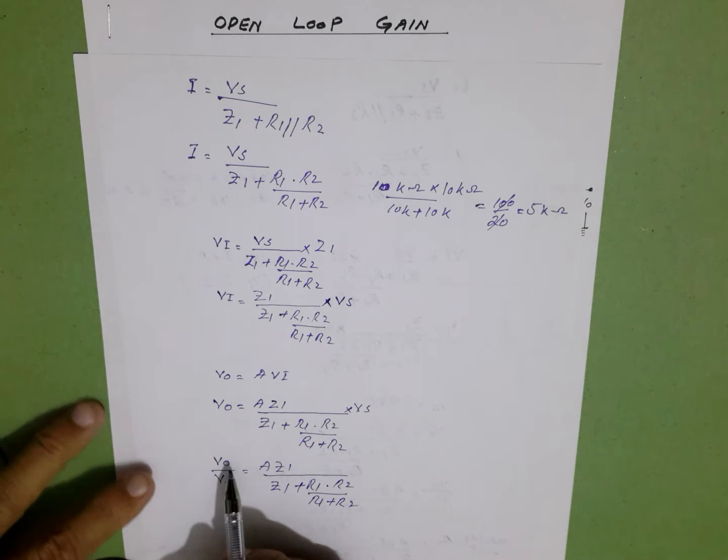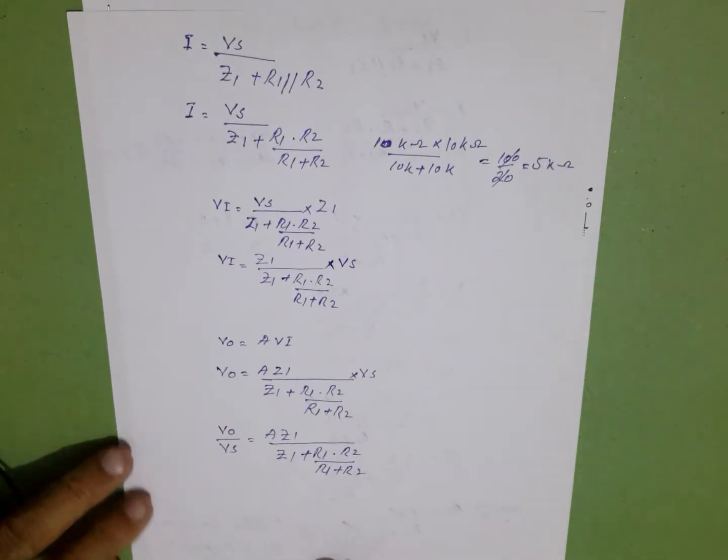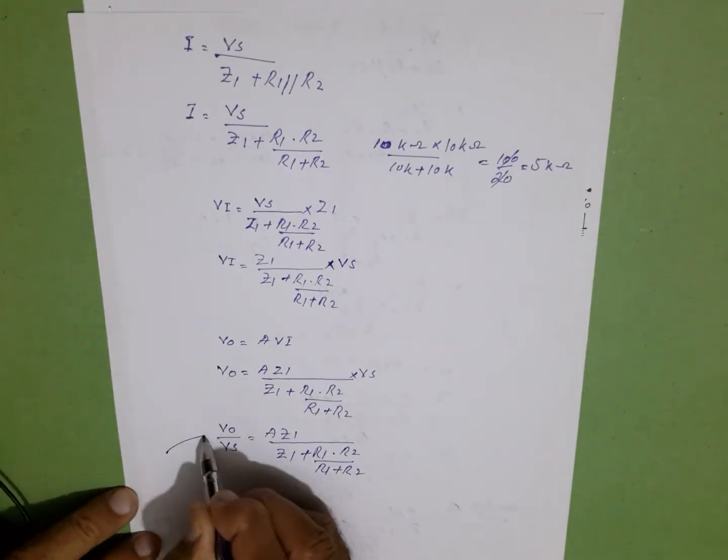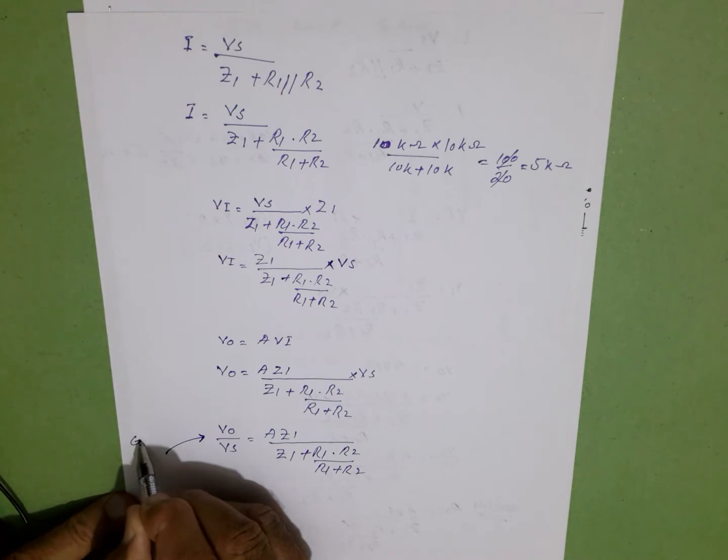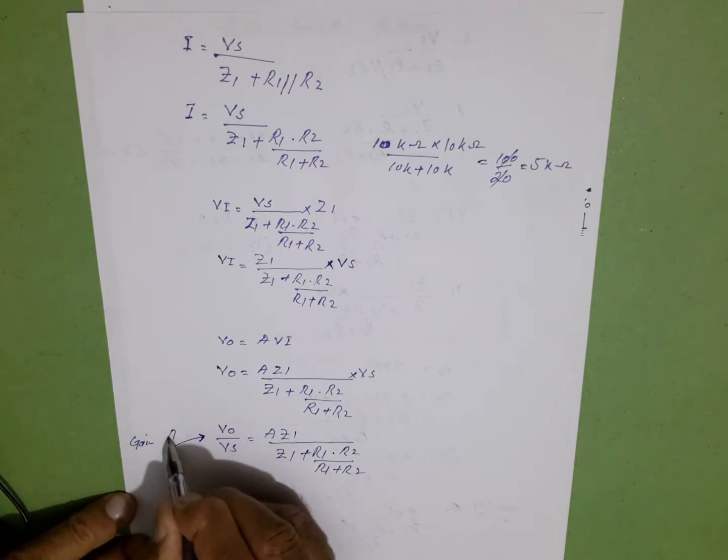Now output voltage divided by source voltage is nothing but the gain without feedback.